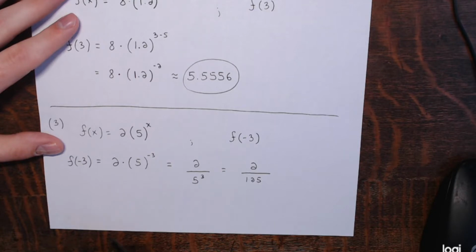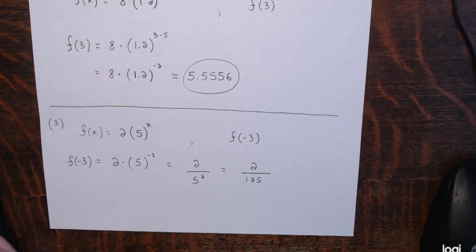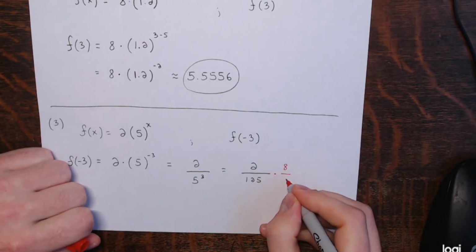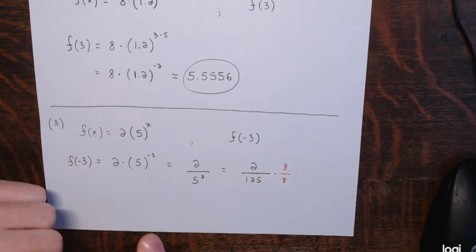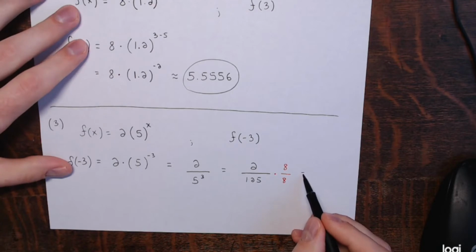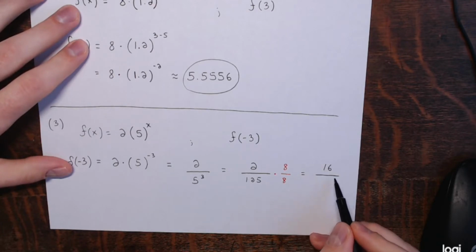And I can get this to decimal form pretty easily by multiplying the numerator and denominator by 8. You'll see why in a second, because 8 times 125 is 1,000, a power of 10. So this is 16 in the numerator, divided by 1,000 in the denominator.